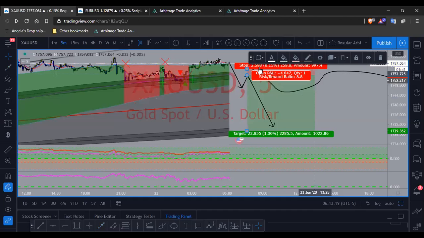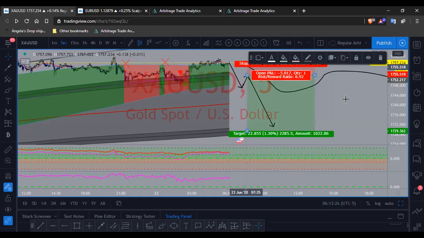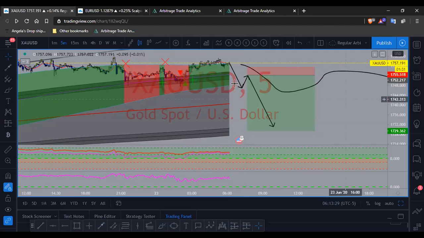Let's see. That is a small stop loss, but if we have a stop loss like that, then if price does end up trying to go bullish again, we'll be able to get out quickly. But yeah, this is the trade setup for gold that I want to see.